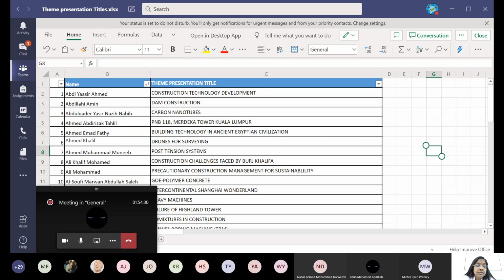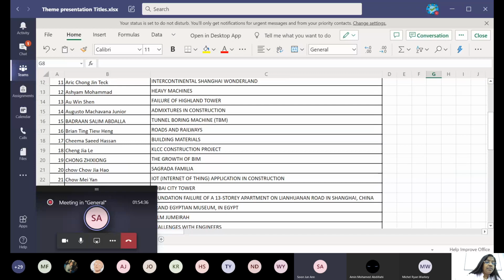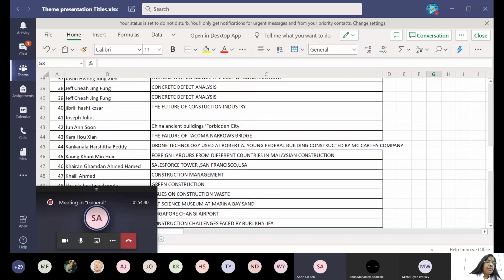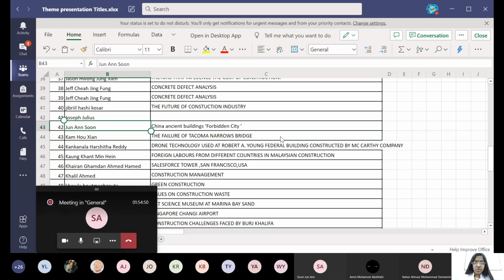Miss, can I do the correction on my name? My name is Sun Jun An, at number 42. Yeah, but here it writes Jun An Sun. Yeah, please follow this name. This is what is available in IAS, right? It's their mistake. Sorry, I should not complain.